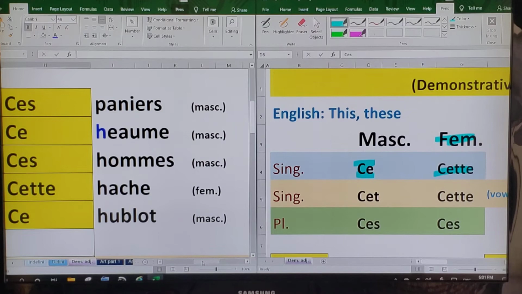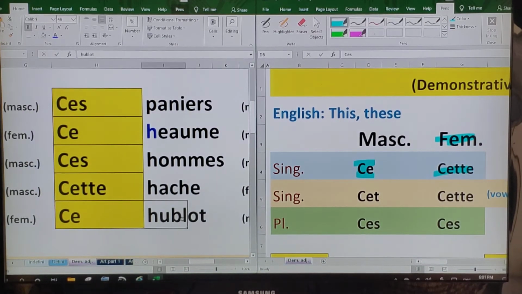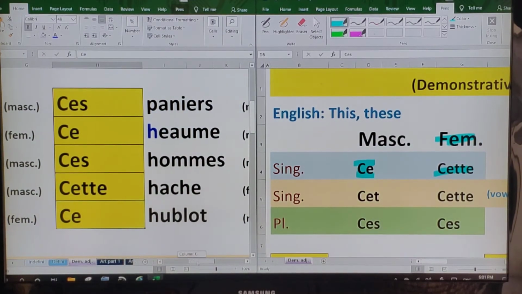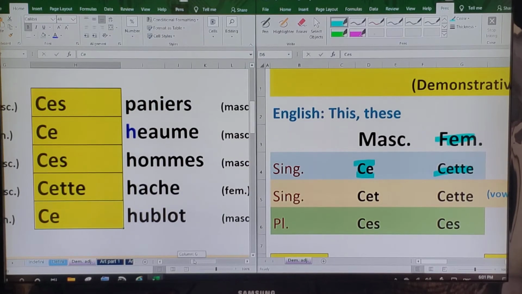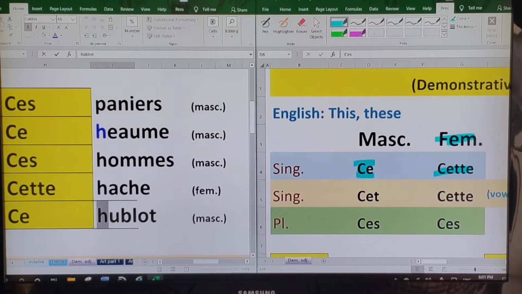If it was H mute, then we would have used cet, I mean the CE with a T in the end. But this is an example of an H aspirated, so we use the word ce and not cet. So ce hibou. We say the word hibou, the H is pronounced.